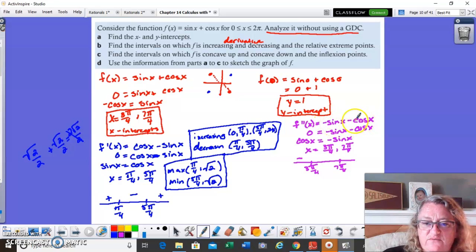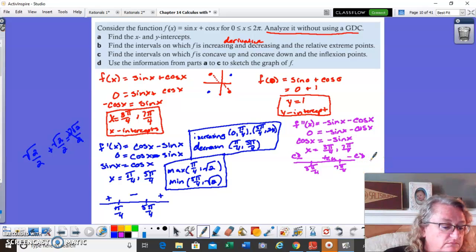But now it's negative 1, so minus a negative will turn it positive. And then 7 pi over 4, well, we can take that all the way up to 2 pi. And that's going to be the same as it was at 0. So that's negative. So this would be concave down. Concave down. This would be concave up. And this would be concave down.